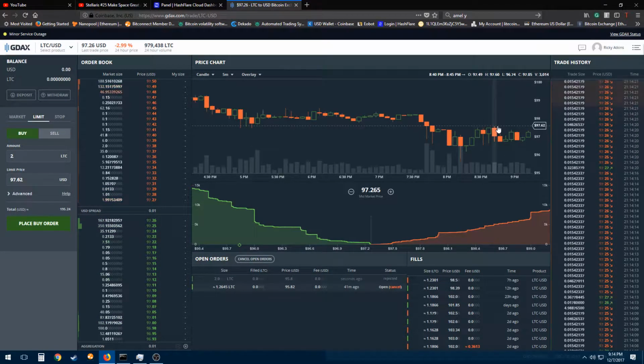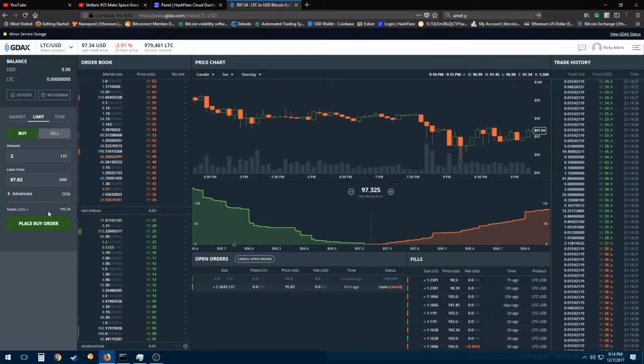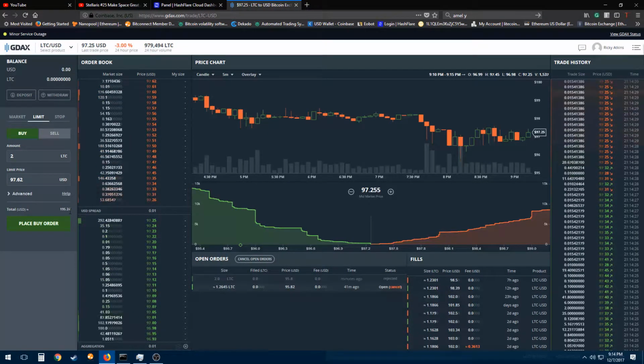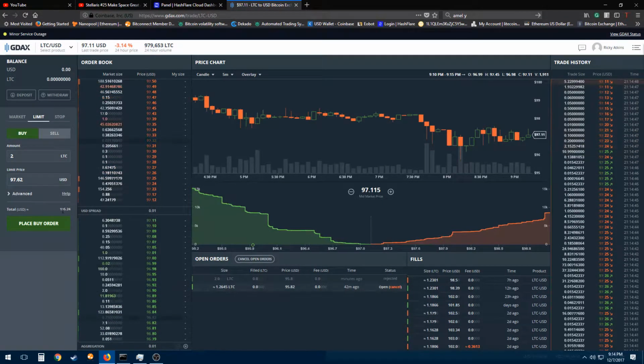I'm going to click the 97.62 on here now, and we bought at 191 something, right? So now when I sell this 2 off at 97.62, I've now made 195.24. That's almost $5 profit.